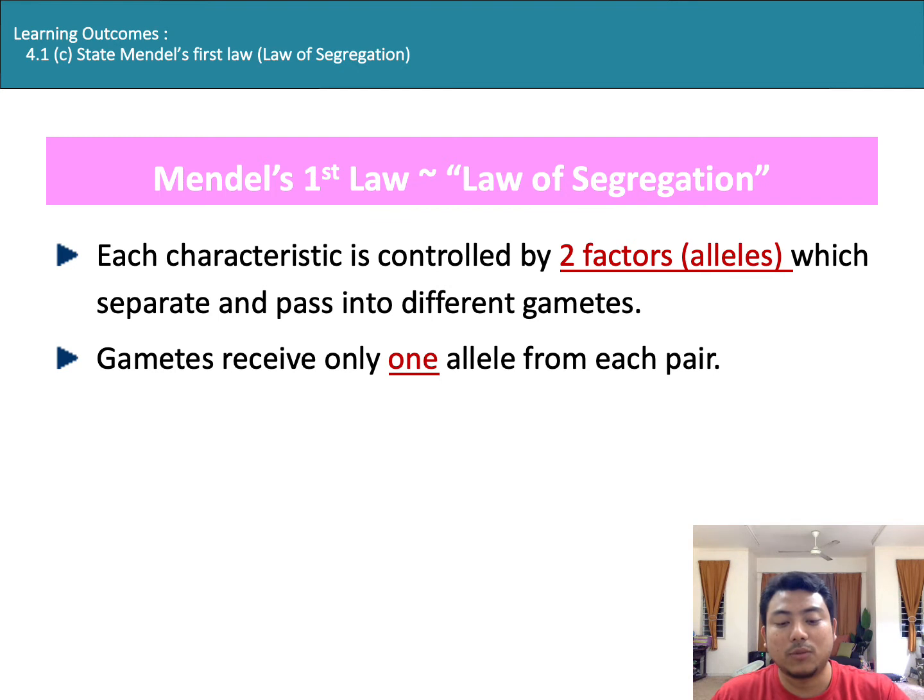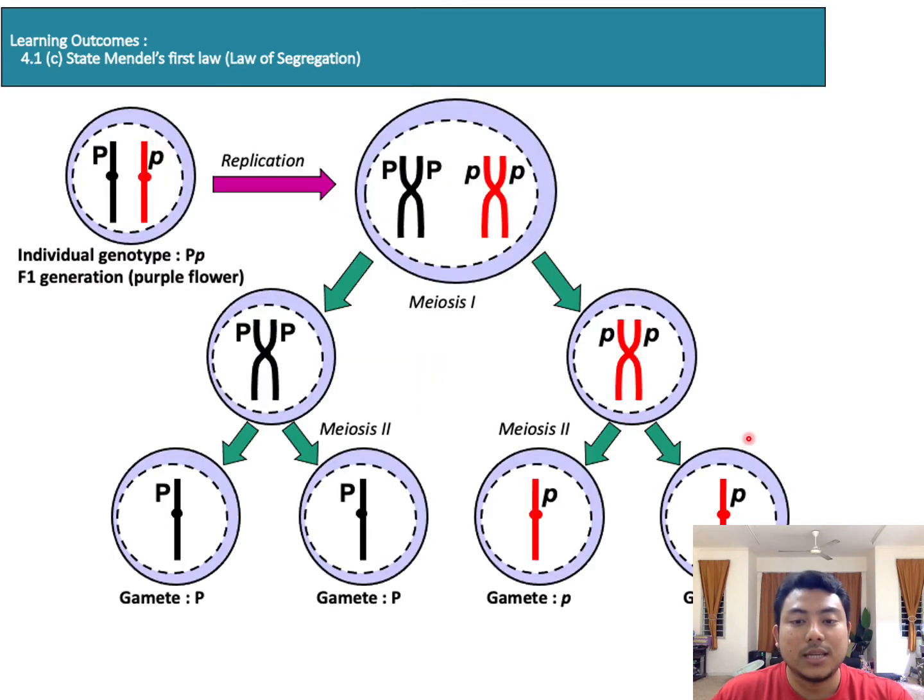Okay, to look at this in more detail, we look at the next slide. From this slide, we can see that the individual genotype is big P small p, and then it undergoes replication during the S phase of interphase. So we have here big P big P, small p small p. The law of segregation means that during meiosis 1 they will separate. Let's say this is the male part, so this is the production of sperm in male.